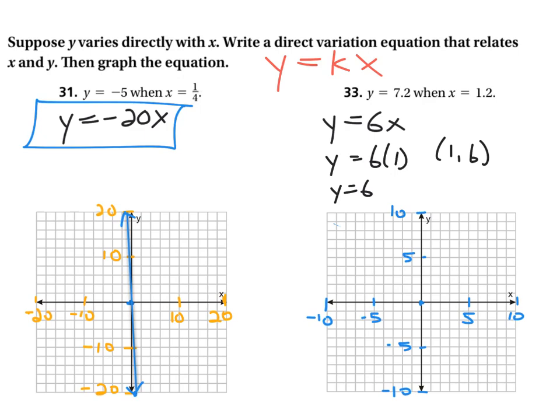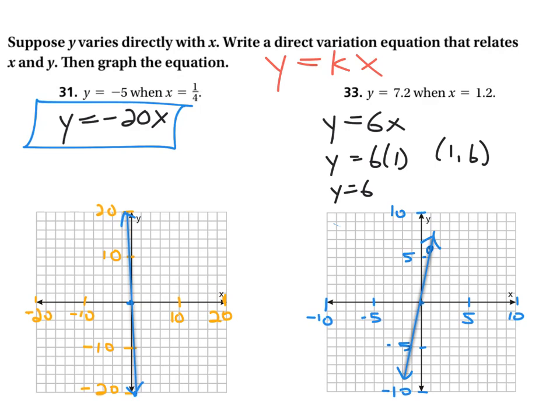Okay, so then I can plot that point as our second point. 1 comma 6, that's right up here. And if I make my line tool to connect these, then put little arrows, meaning they go on forever. I've graphed this, and so that's what the graph looks like.